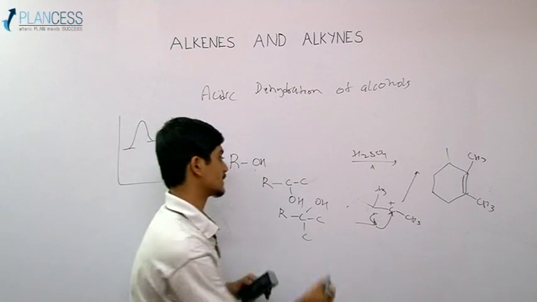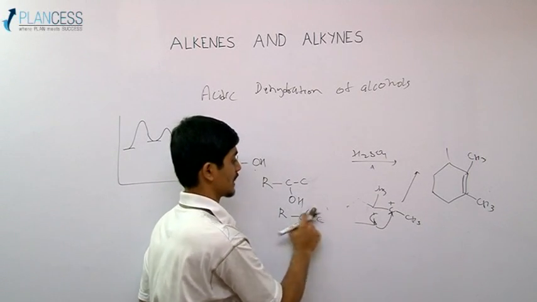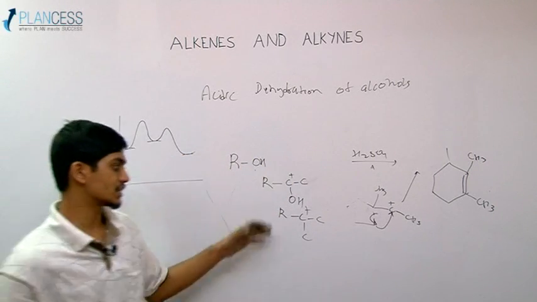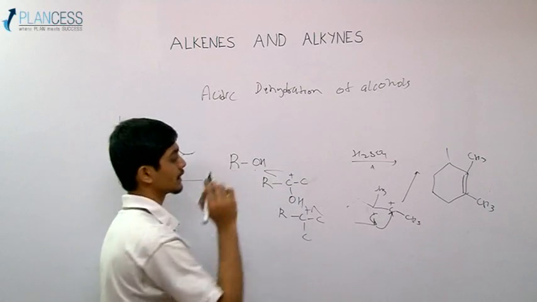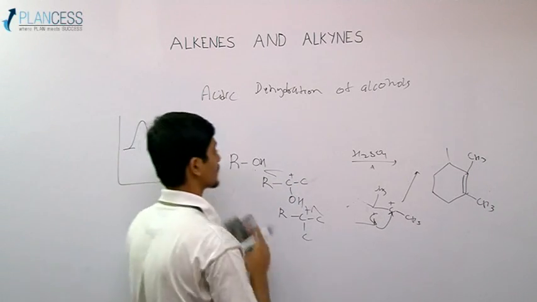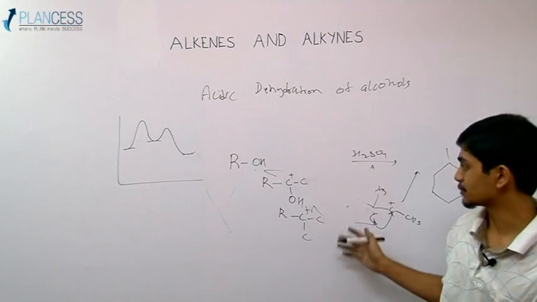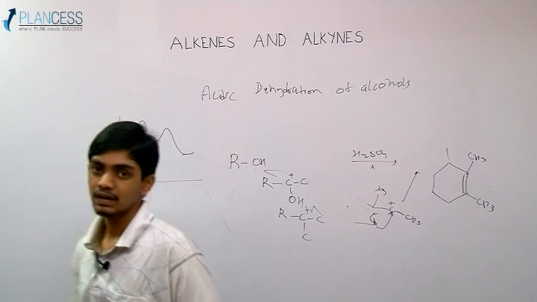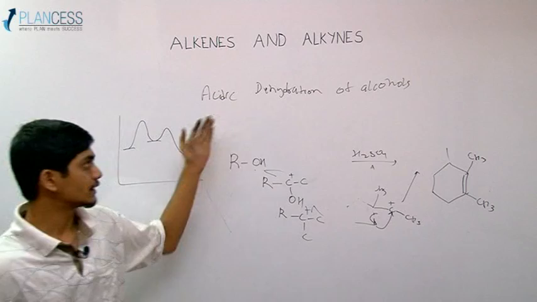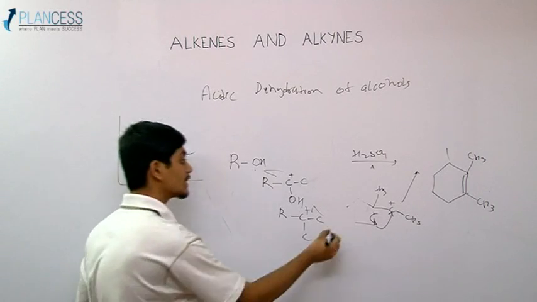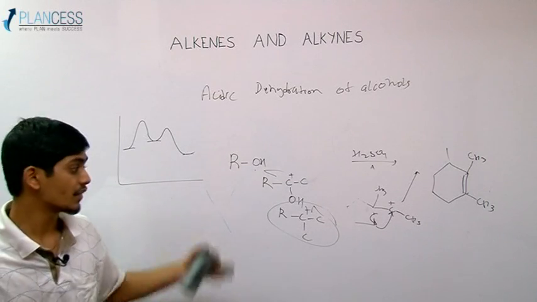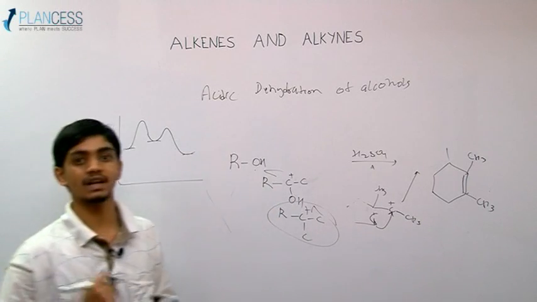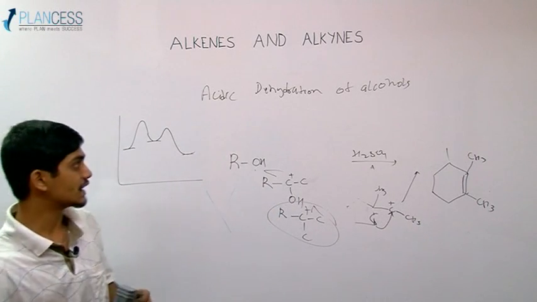But obviously that depends on the stability of the carbocation, and due to hyperconjugation and inductive effects, tertiary carbocation is more stable compared to the secondary one, which is in comparison more stable to the primary one. So that means this is the order for the acidic dehydration, and we require very mild conditions for the dehydration of this, while very strong concentration of acid and very high temperature for the dehydration of this.